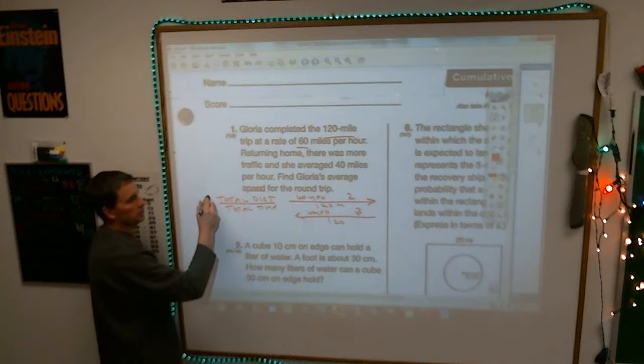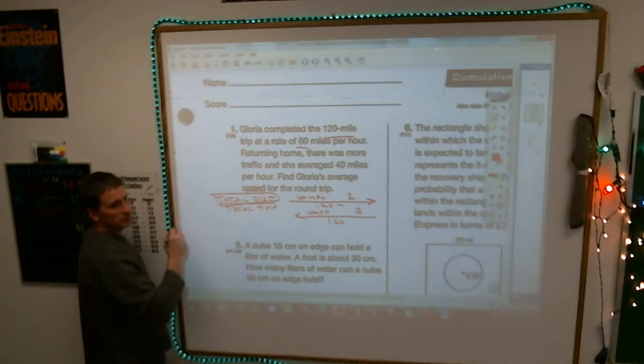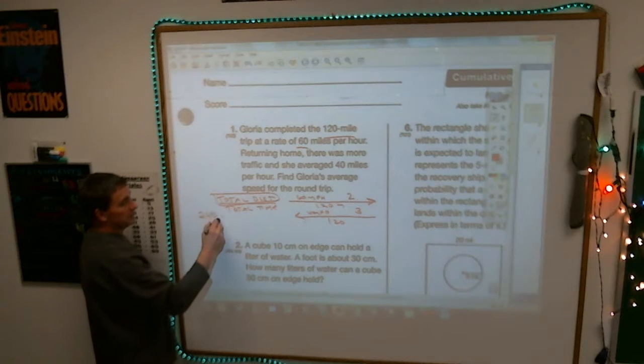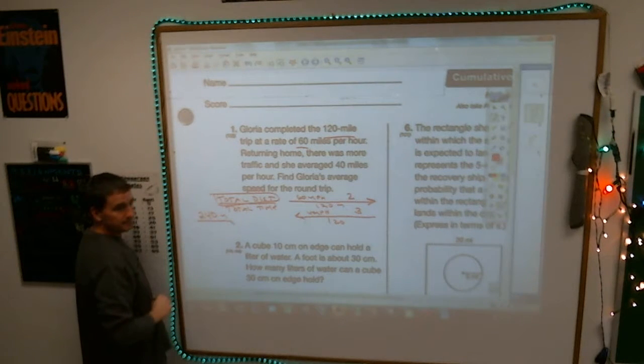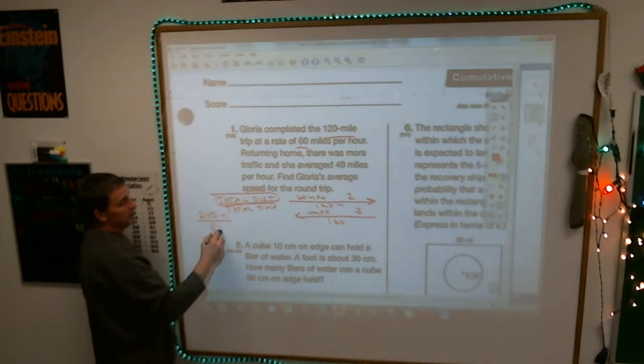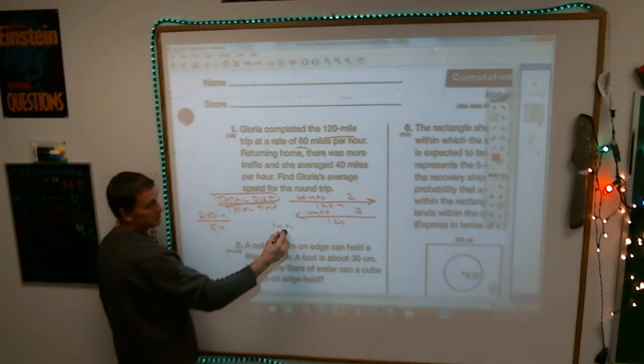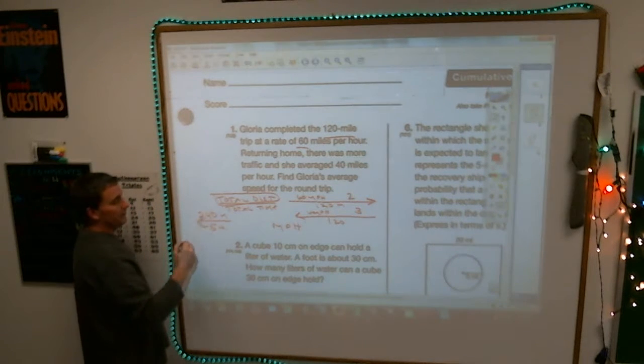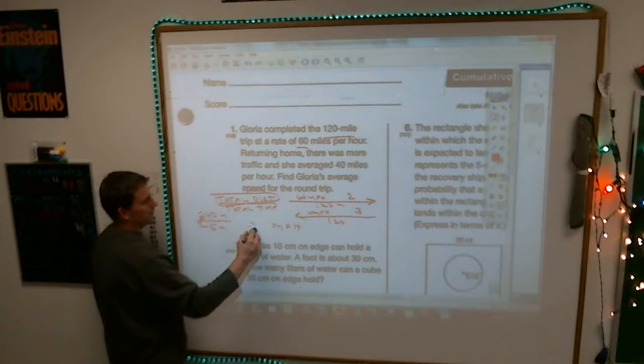Her total distance was 120 there, 120 back, 240 miles. Her total time was 2 hours there, 3 back, 5 hours. Notice you have miles per hour as your label, because it was miles over hours. 240 divided by 5 is 48.